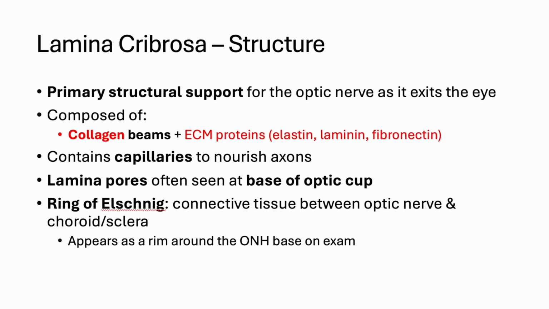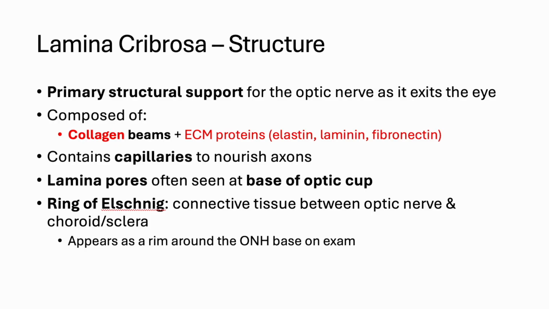Lamina cribrosa, structure. The lamina cribrosa is the primary structural support for the optic nerve as it exits the eye. It is composed of collagen beams, extracellular matrix proteins like elastin, laminin, and fibronectin, and also contains capillaries to nourish the passing axons.